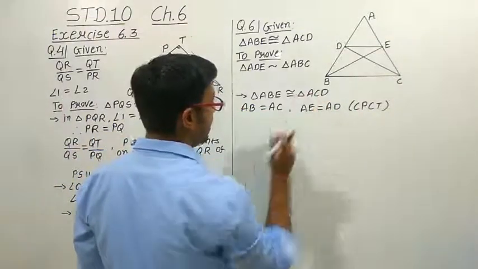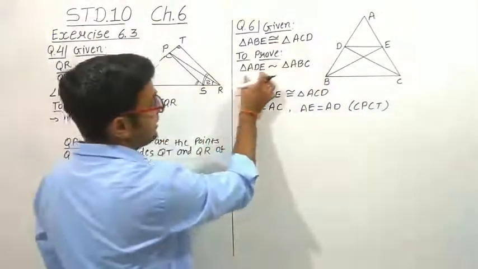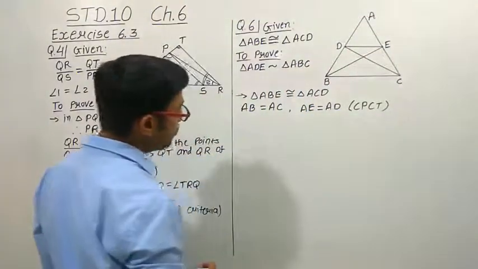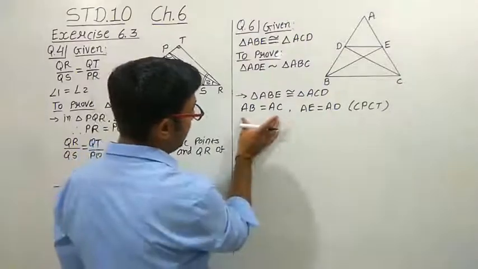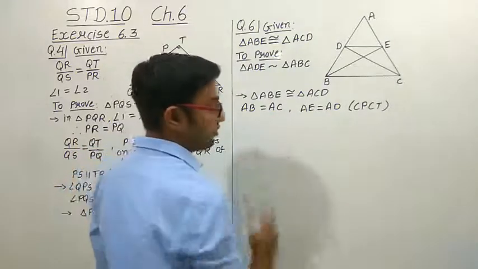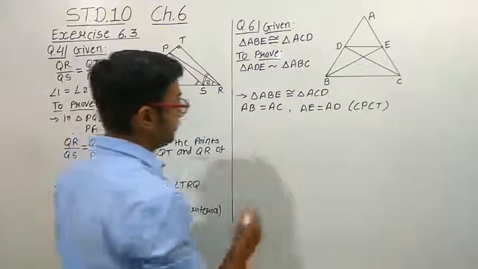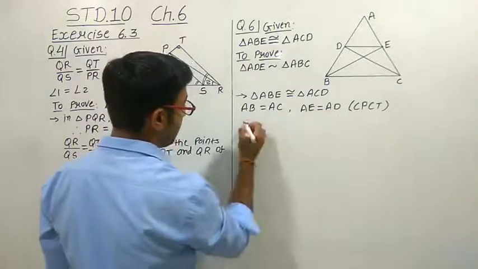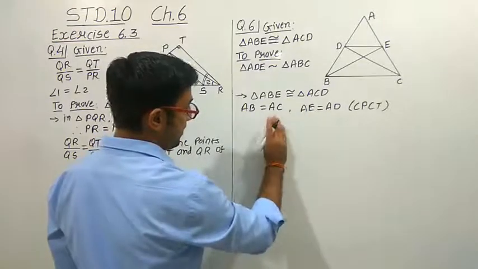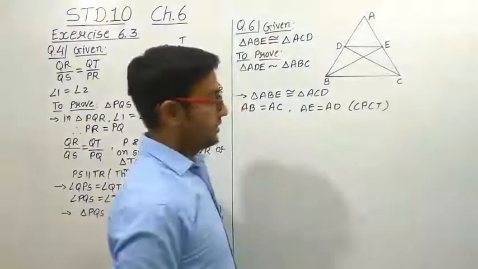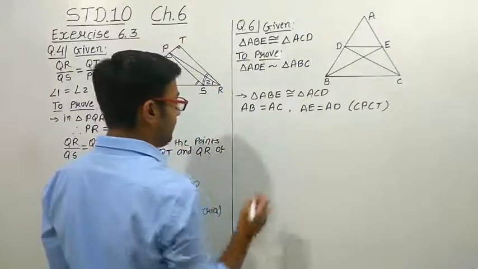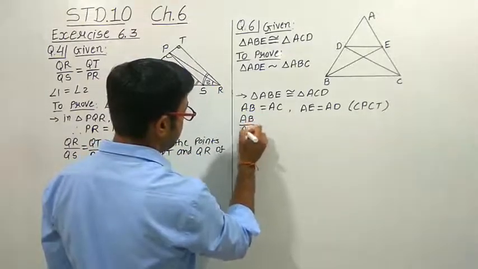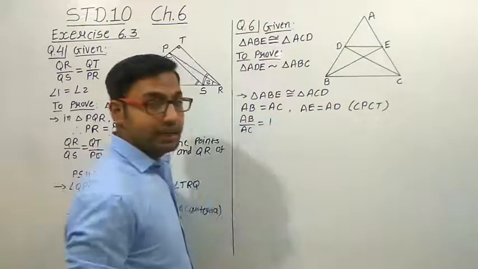Now what we can do here: ADE is the smaller triangle and ABC is the greater triangle. So if we divide this equation with this equation, what will happen? We can take left hand side divided by the left hand side, and right hand side divided by the right hand side. AB upon AC will become 1.